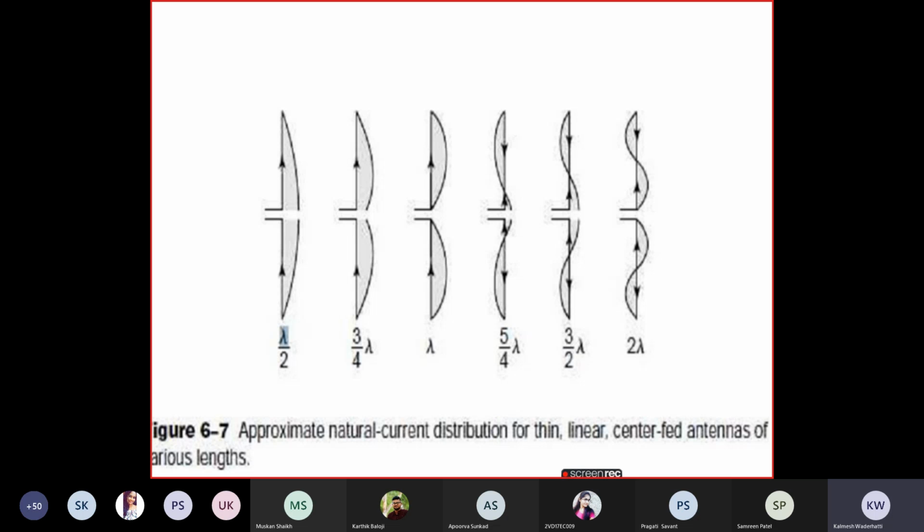Consider the next ones also. It may be 4 lambda. It may be lambda by 10 also. You consider that. With respect to that, we have the distribution.